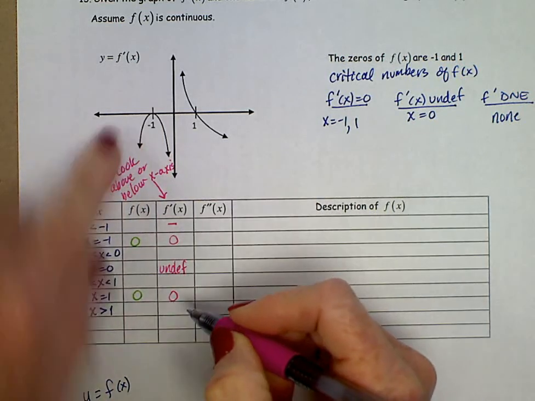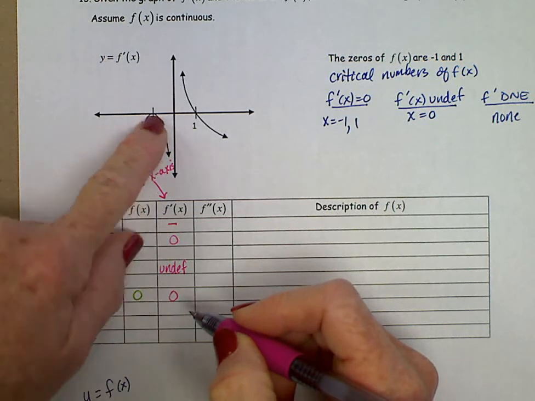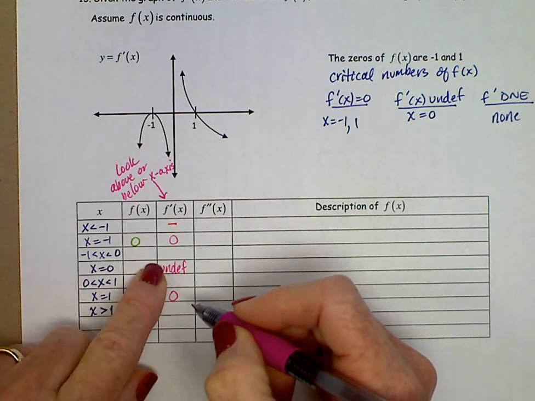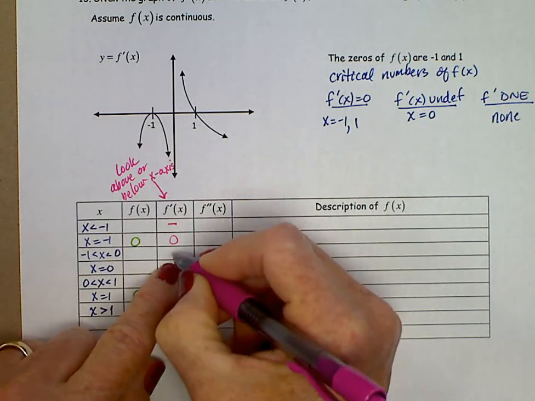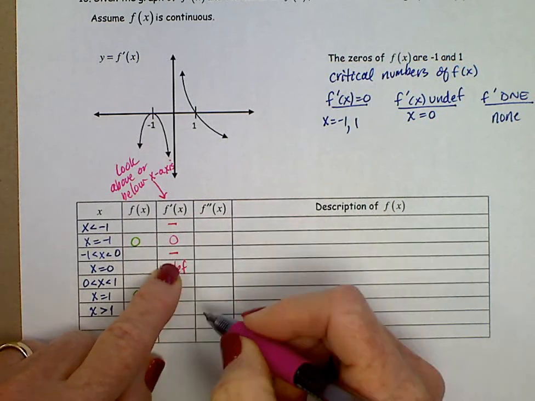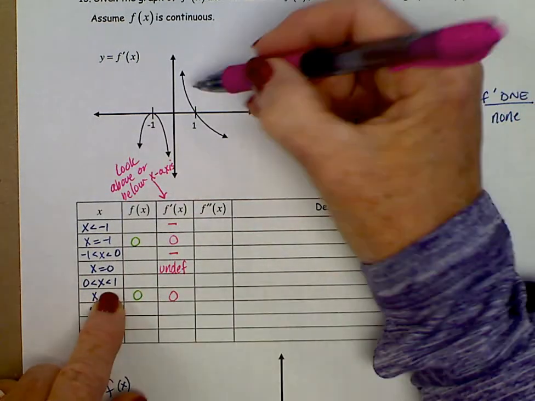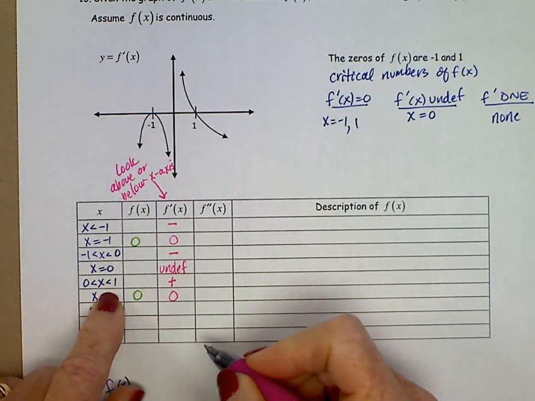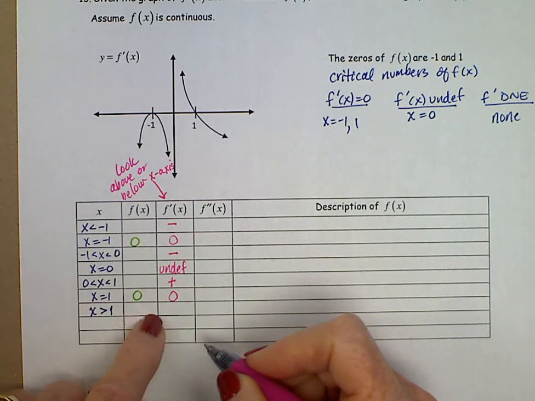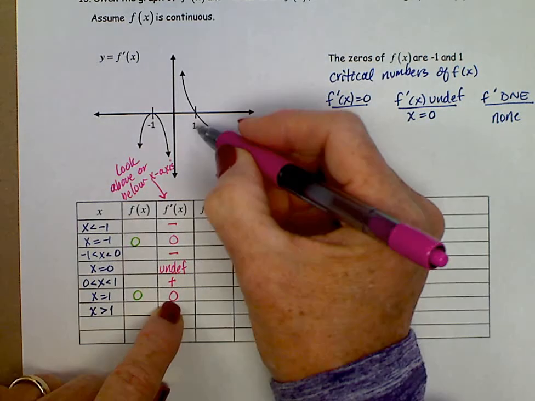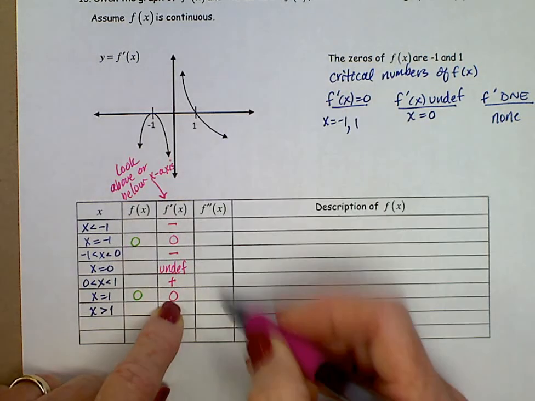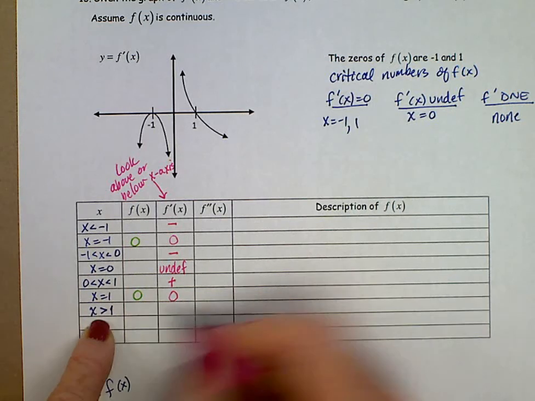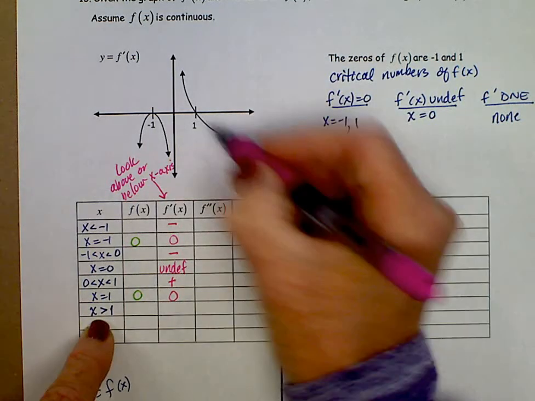For x between -1 and 0, that's this section here. Again, when x is in here, f prime is beneath the x-axis, so f prime is negative. For x between 0 and 1, the graph of f prime is above the x-axis, so positive. At x equals 1, f prime was 0, and when x is greater than 1, f prime is negative.